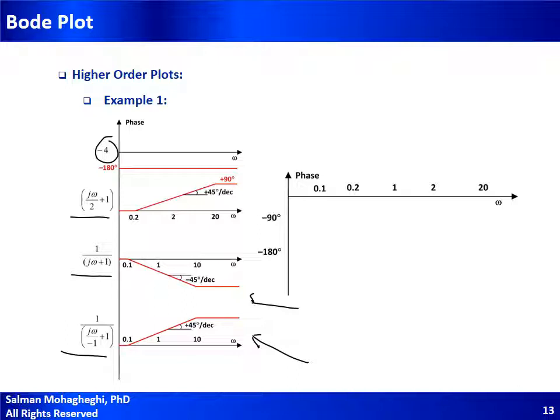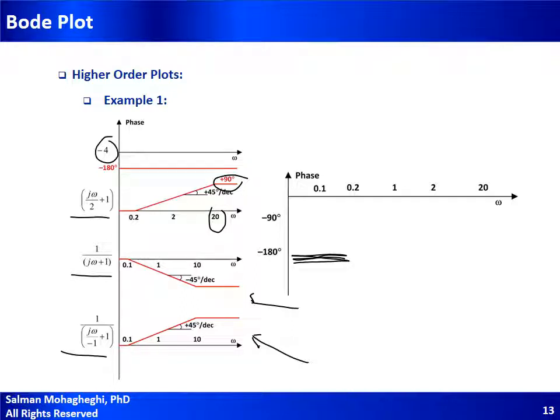It continues at that point until the first breakpoint, which is 0.2. At 0.2, I will start having a straight line with a slope of 45 degrees per decade. And at 20, which is this point here, I would end up staying at 90 degrees. So at 20, I would have 90 degrees, but I would have to add this 90 degrees to the negative 180.